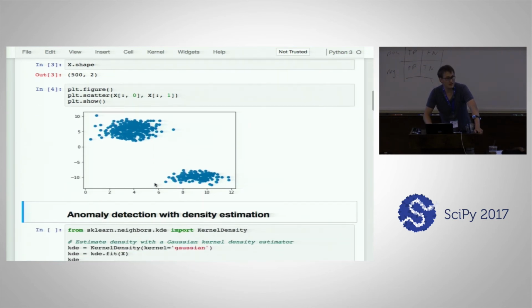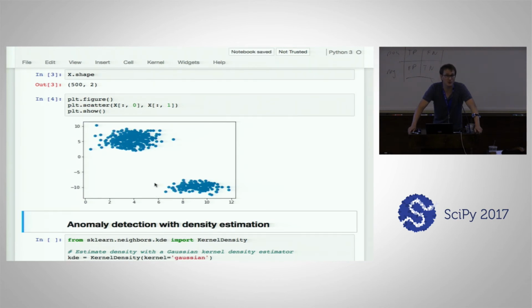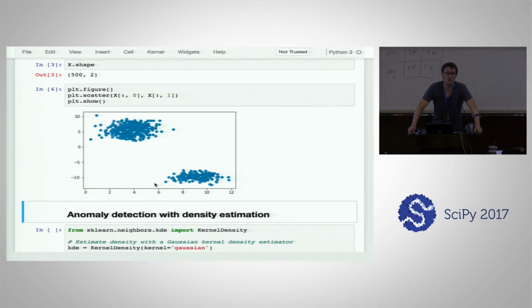So let's see how we can convert this idea of anomaly in the context of stats. If you think about something which is rare, you can see this as a sample for which the probability of sampling this point is very low. It was really unlikely to observe this point given the distribution of normal data.